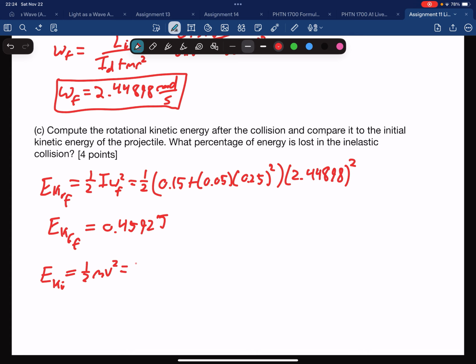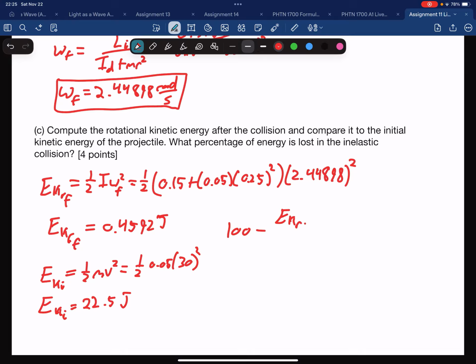So that is 1/2 0.05 times 30 squared. So the initial kinetic energy is equal to 22.5 joules.